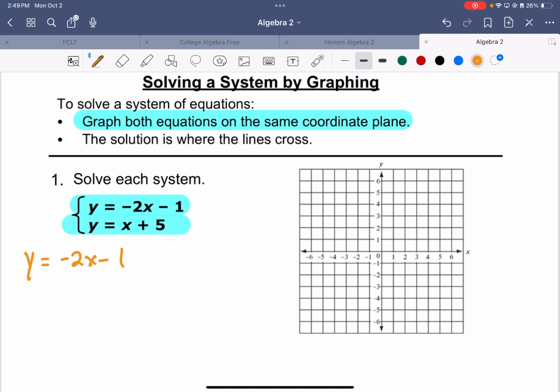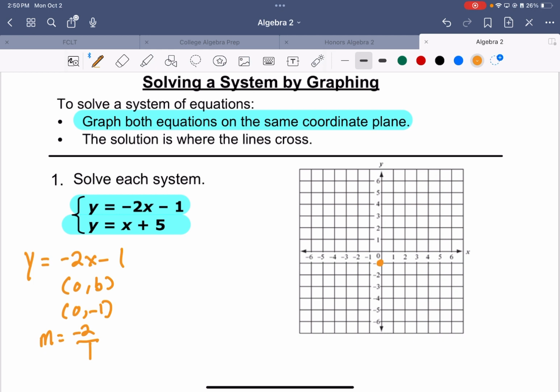From last unit, we know that our y-intercept is the point (0, b). So my b value is negative 1. There's my first point at (0, negative 1). And then we also know that our slope is negative 2, so negative 2 over 1.